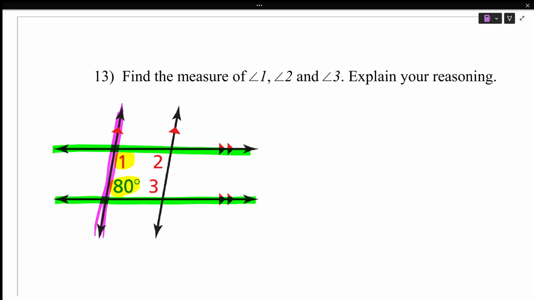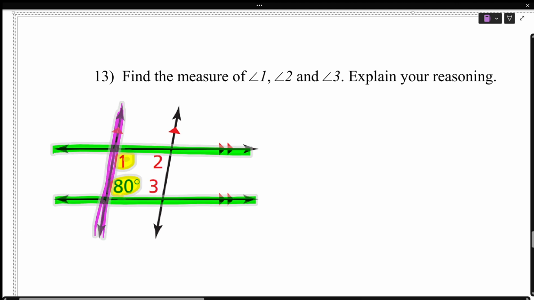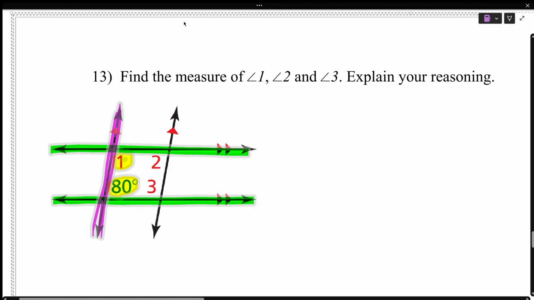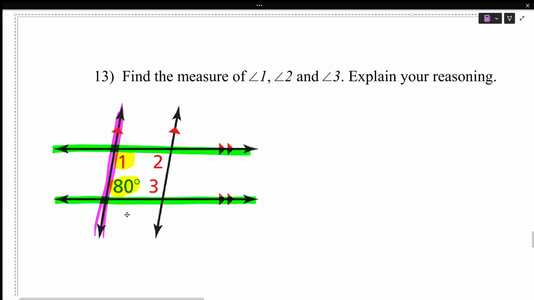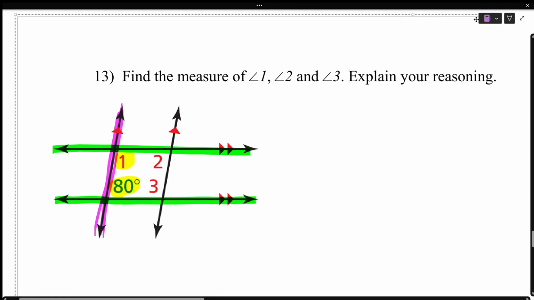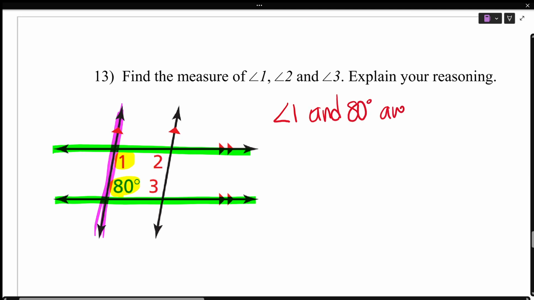1 and 80 are on the same side, right? Same side of the transversal. 1 and 80 are both on this right side, okay? And then they're both in the interior of the parallel lines. So that's going to be SSI, right? Angle 1 and 80 degrees are SSI.